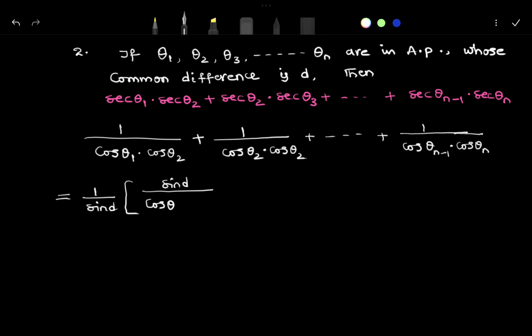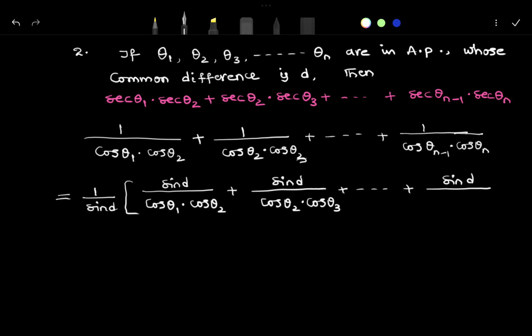plus sin d divided by cos theta 2 into cos theta 3, plus and so on, plus sin d divided by cos of theta n minus 1 into cos theta n.